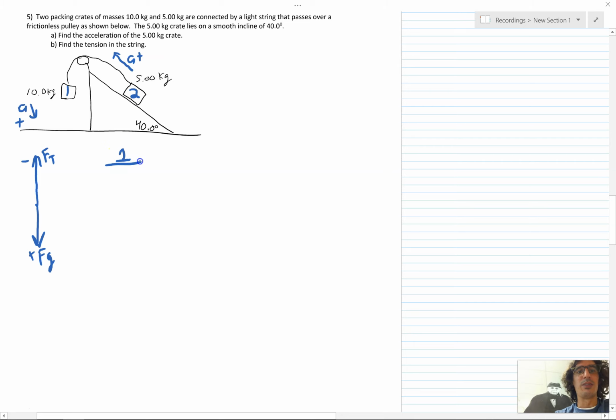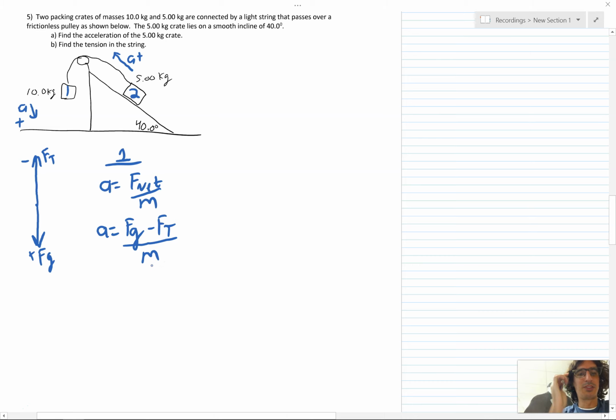Looking at object 1, we'll start with Newton's second law: a equals F net over the mass. We know F of g is going down, which is the positive direction, so we have F of g positive minus F of t all over the mass.